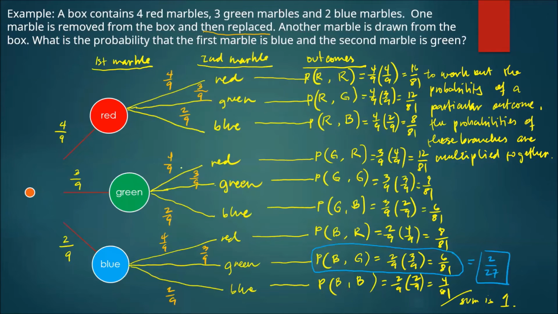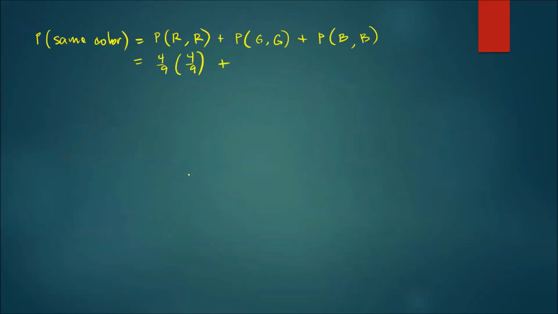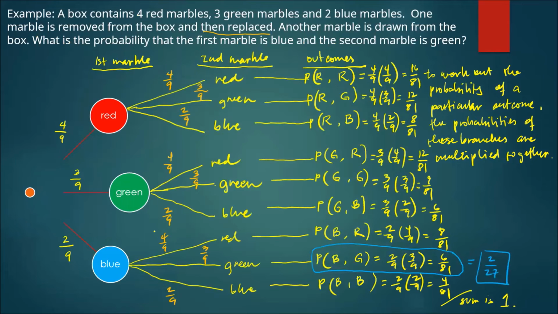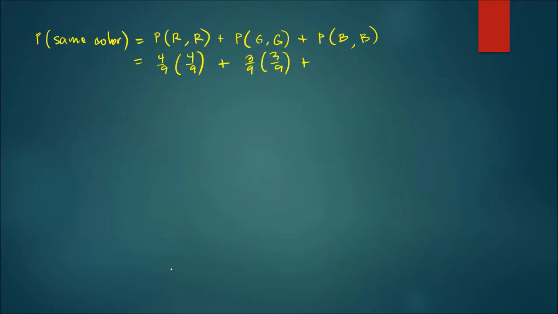While the probability that the first marble is green is 3 over 9, and the probability that the second marble is green is 3 over 9. So let us multiply that. Now, the probability that the first marble is blue is 2 over 9, and the second marble is blue is also 2 over 9.